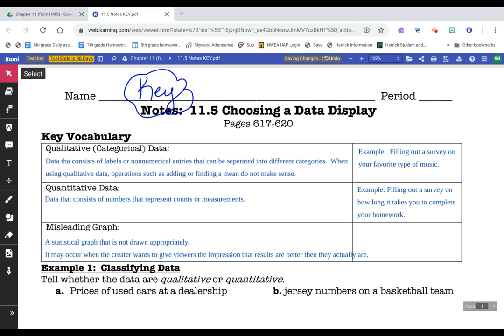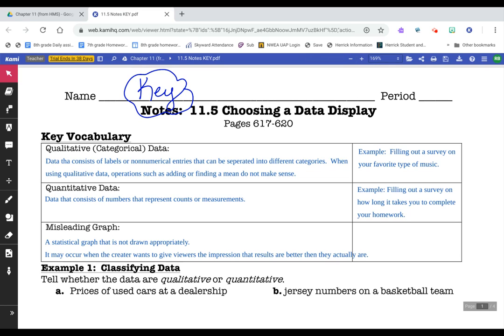This is defined as data that consists of labels or non-numerical entries that can be separated into different categories. When using qualitative data, operations such as adding or finding the mean do not make sense. For example, if we had all the data from giving out a survey to a bunch of students asking them, what is your favorite type of music?